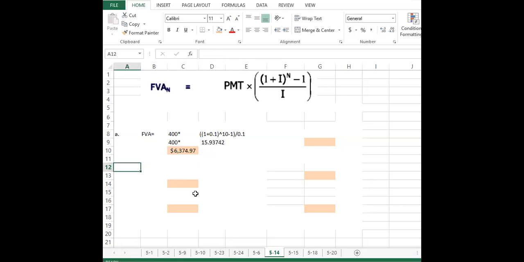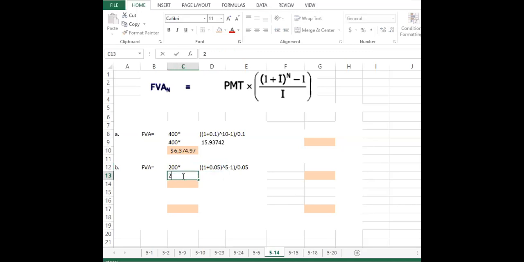In requirement B, same procedure, just the amounts change. Multiply 200 by the factor, that is 1 plus the interest rate, now 5%, raised to the time period, also 5 years, minus 1 from the formula and divide by interest rate.